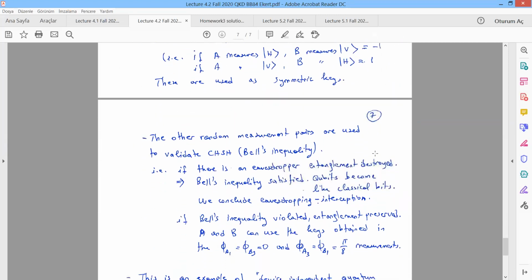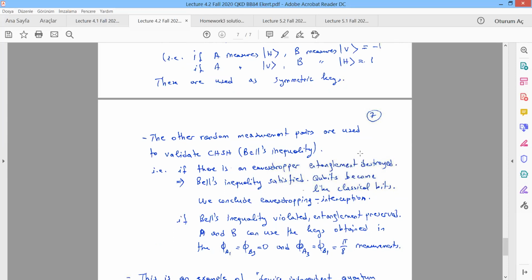They use the CHSH or Bell inequalities that we just discussed on these other random measurement pairs to validate that there is still entanglement between the qubits. In other words, there has not been any interception, because as soon as there's an interception by an eavesdropper, by Eve, the entanglement is dropped, and we have a classical situation.